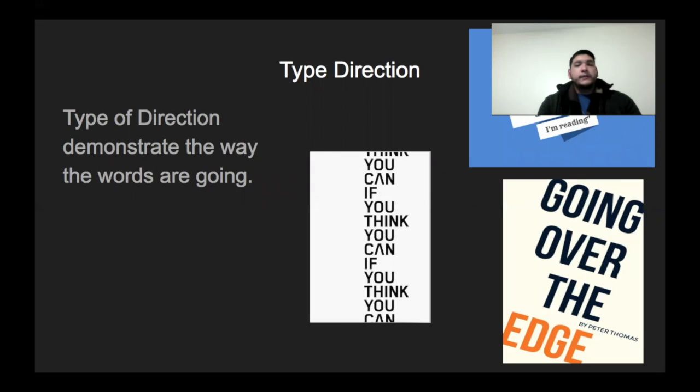So in the photos that you see, there's one on the right corner, and it says "Going Over the Edge," which is a book cover. And so it is being slanted towards the bottom to show negative, as in referring to the book as there, going over the edge is a negative connotation.